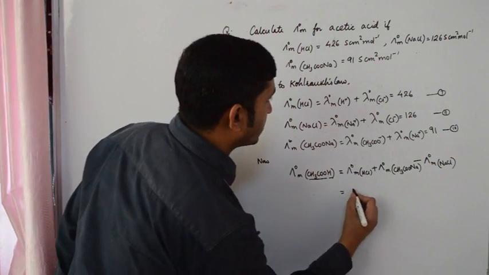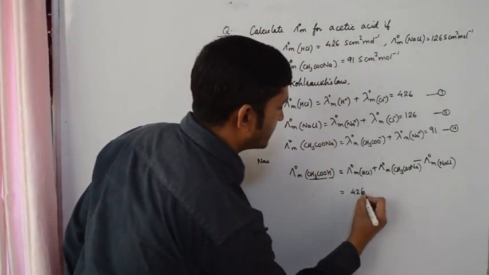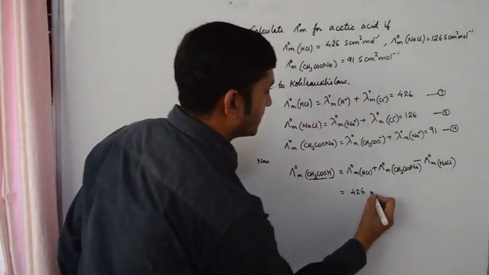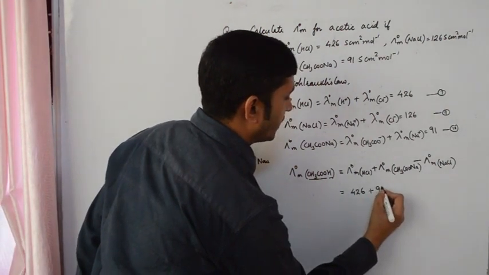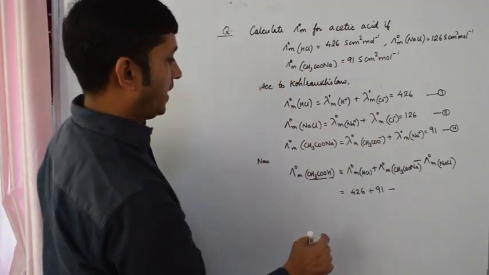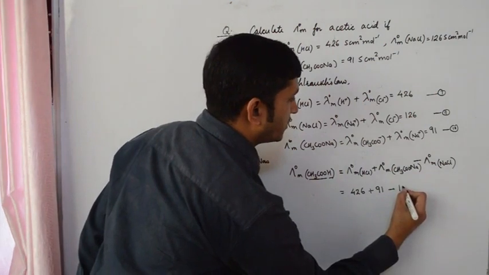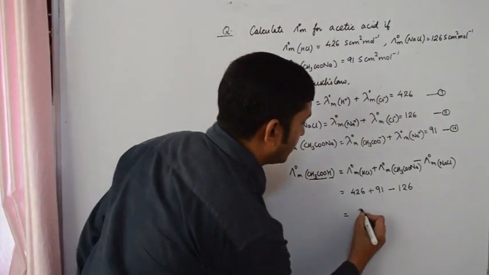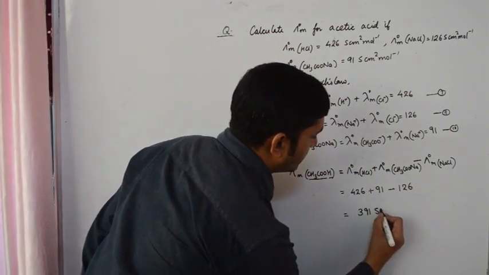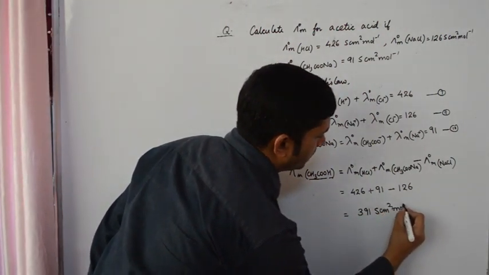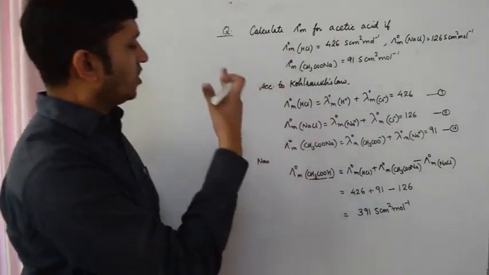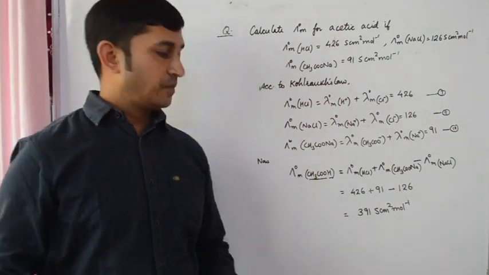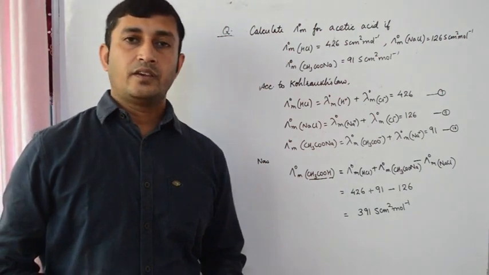For HCl it is 426, for sodium acetate it is 91, minus for NaCl it is 126. So on solving we will get here 391 Siemens centimeter square per mole. So in this way we can easily calculate limiting molar conductivity of any weak electrolyte.